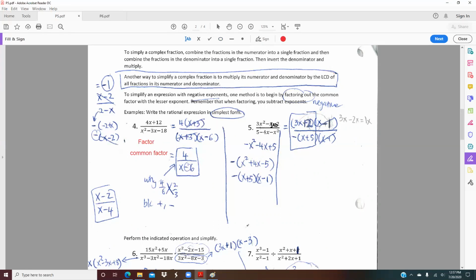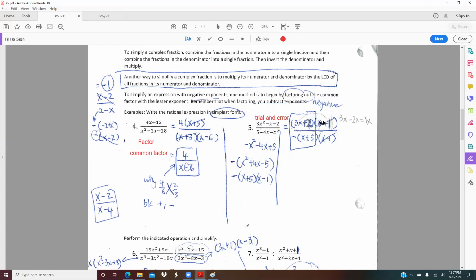Question 5, 3x squared minus x minus 2. This is where you're going to use trial and error. This is what we call a difficult factor because you've got a number in front of your x squared. If you have 1, it's fine. If you have a number in front, that's no good. And how do you factor this? We do trial and error. So what times what is 3x squared? 3x and x. What times what is 2? We do 2 and 1.